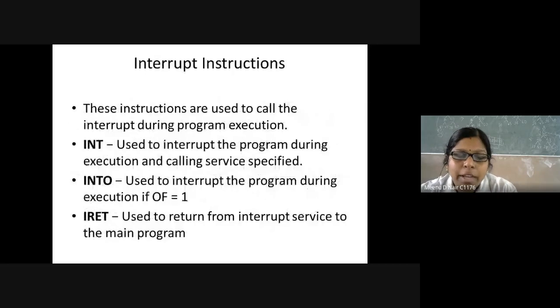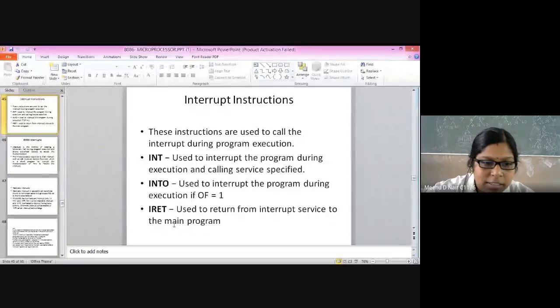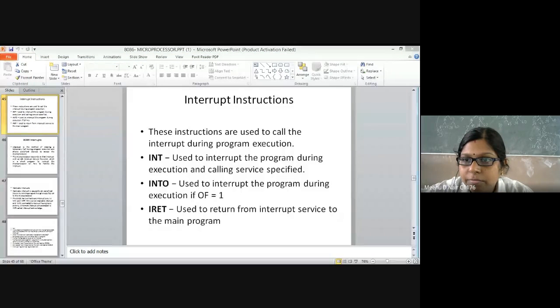Do you have any doubt regarding this till this point? Do you have any doubt? Shall we proceed further?